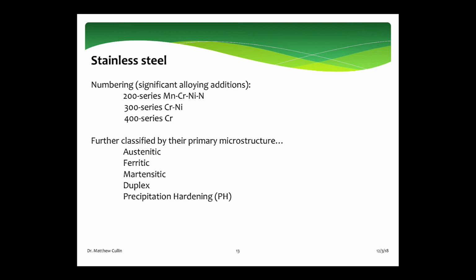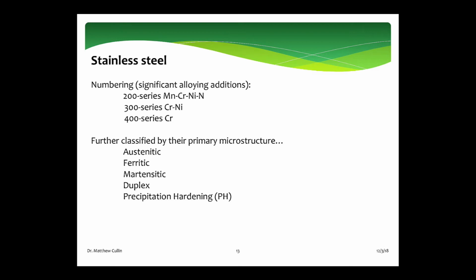And then we have duplex stainless steels, which are a very interesting class of stainless steels that are about 50% austenitic, 50% ferritic. And then finally, we have precipitation hardening stainless steels, and they essentially gain strength by precipitating certain components out. Sometimes we'll combine them too.